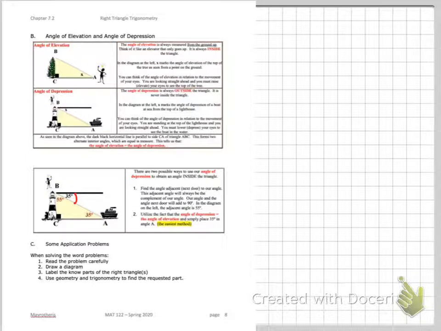If somebody's standing at the top of the lighthouse, looking down at a ship, and the angle of depression is 35 degrees, that means that somebody on the ship looking up at the top of the lighthouse has an angle of elevation that's that exact same measure. So that angle of depression outside of the triangle is going to be the same as the angle of elevation on the other side. That's going to be useful.